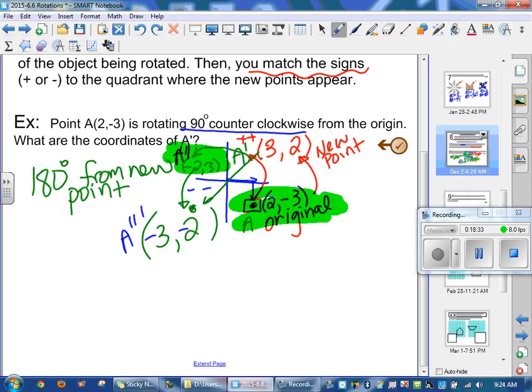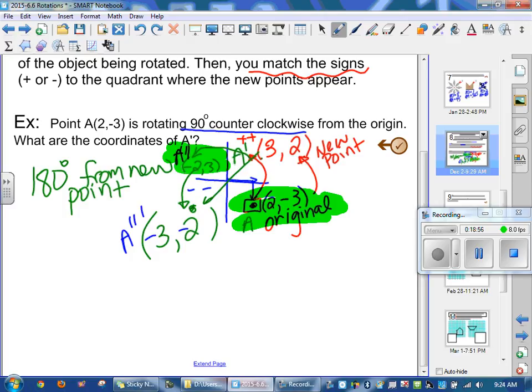Right, they're the same. In the same order, 2 and 3, 2 and 3, but their signs are opposite from each other. So here the 2 started positive, became negative over here. Here the 3 started negative, became positive. So when you do a 180, that just means the numbers stay the same places, 2 and 3 stay the same, but you change the signs, they're opposite.